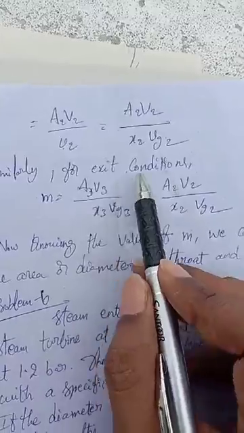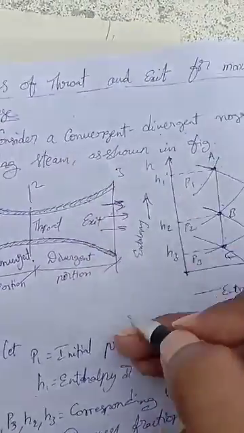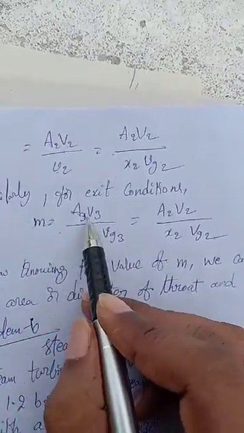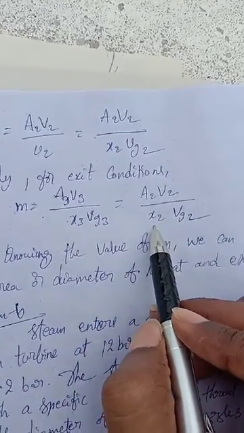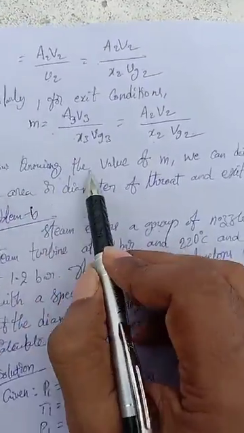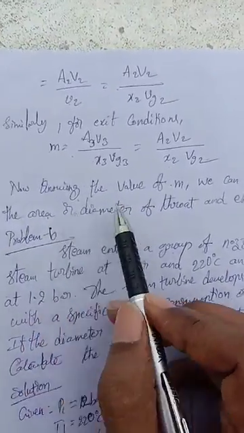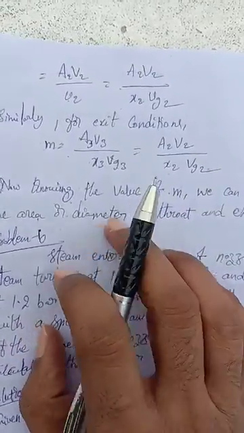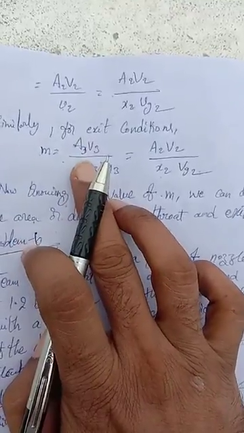Similarly for exit conditions, look at this, this is the exit. Now the above equation you can write m is equal to A3 V3 divided by X3 Vg3, that is equal to A2 V2 divided by X2 Vg2. Okay, so now knowing the value of m we can determine the area or diameter of throat and exit. So ఈ విధంగా మనం ఎం వాల్యూ కానీ లేదంటే ఏరియా వాల్యూ కానీ లేదంటే డయామీటర్ వాల్యూ కానీ మనం కనుక్కోవచ్చు అనమాట.